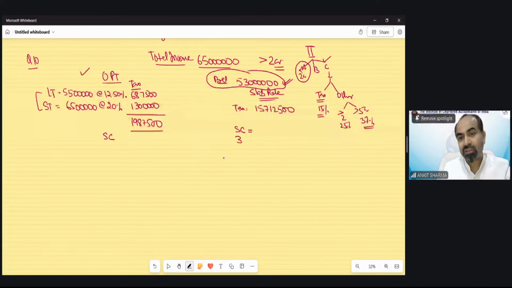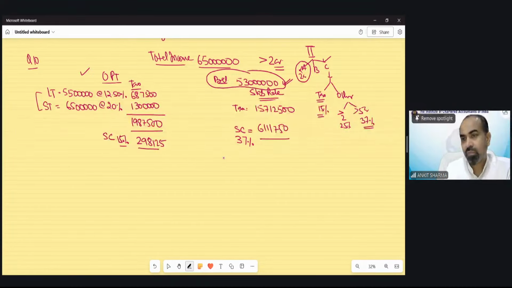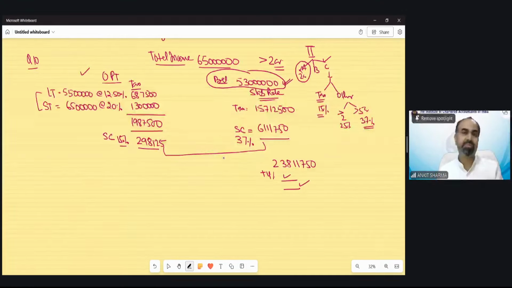So in this case, a 37% surcharge would be applicable on this, and a 15% surcharge on this. The surcharge would be 298,125, and in this case, the surcharge would be 6,111,750. The total after including tax and surcharge would be 238,11750 plus 4% cess, and then your answer would be here.